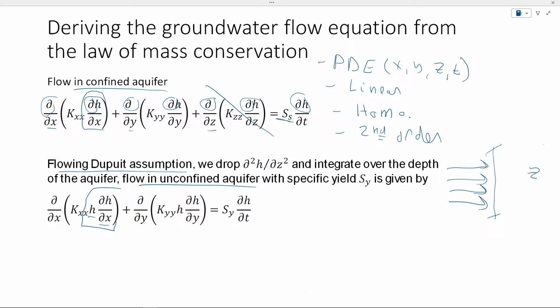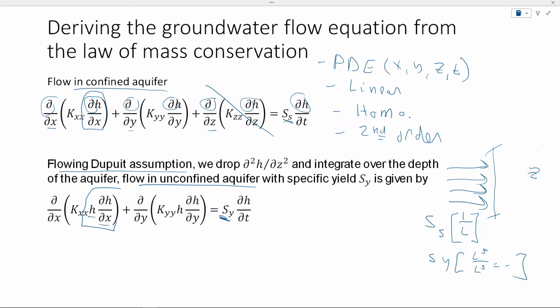Here the specific yield was changed by something with, sorry, specific storage. Specific storage has a unit of 1 over L. Specific yield is volume over volume, which is dimensionless.